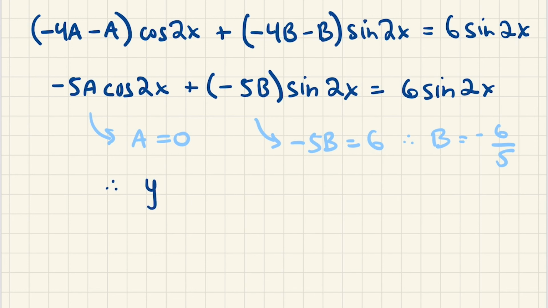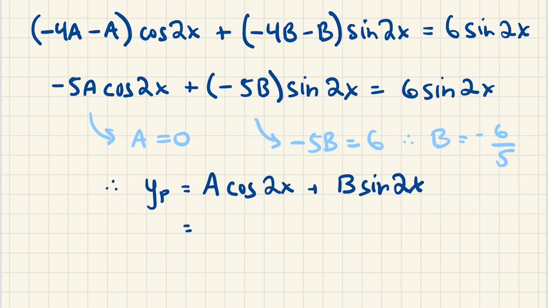So that means that our particular solution, which has the form A cosine of 2x plus B sine of 2x, is going to equal 0 times cosine of 2x, so we'll just skip that, and negative 6 over 5 sine of 2x. So there's our particular solution.